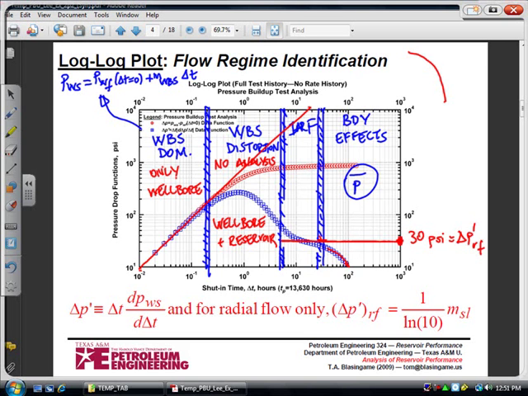I mean, you can find 35, 25, something like that. You just pick a midpoint in there? Yeah, because the boundary effects are distorting your horizontal line. But you need to find the horizontal line to proceed to analysis.